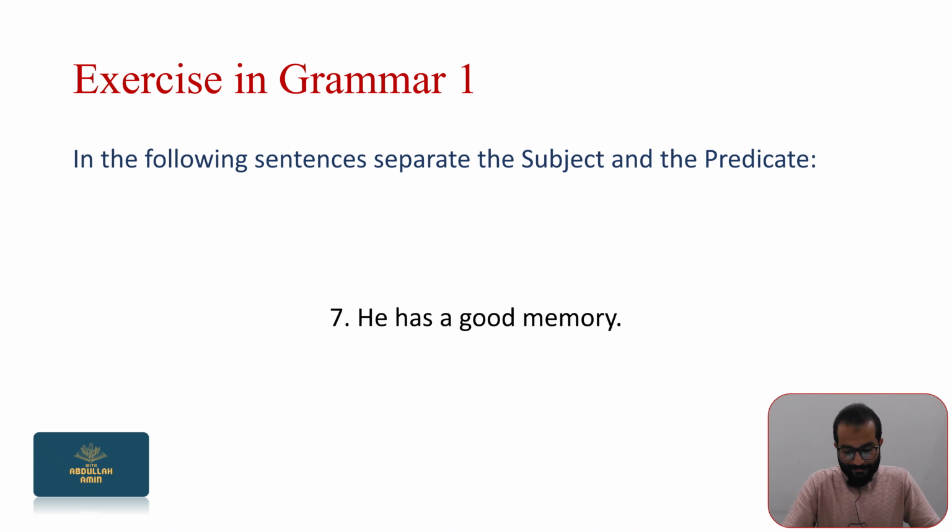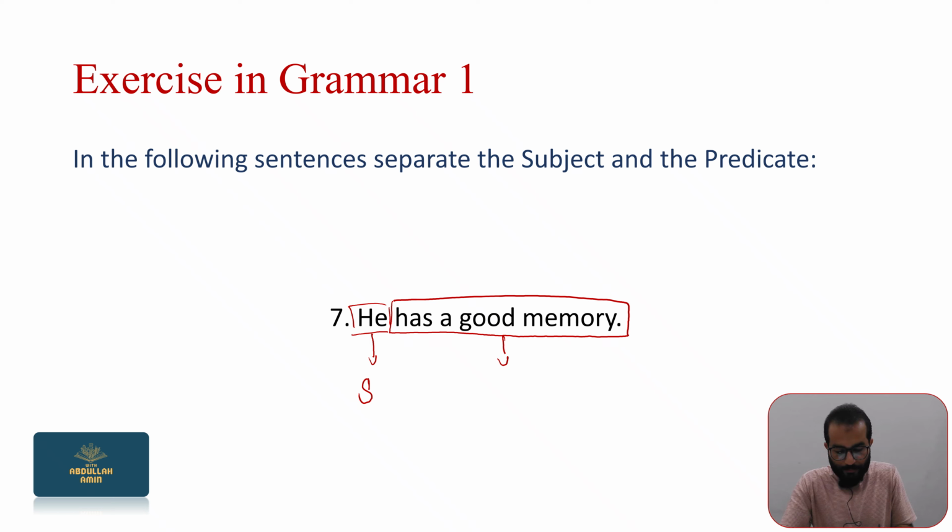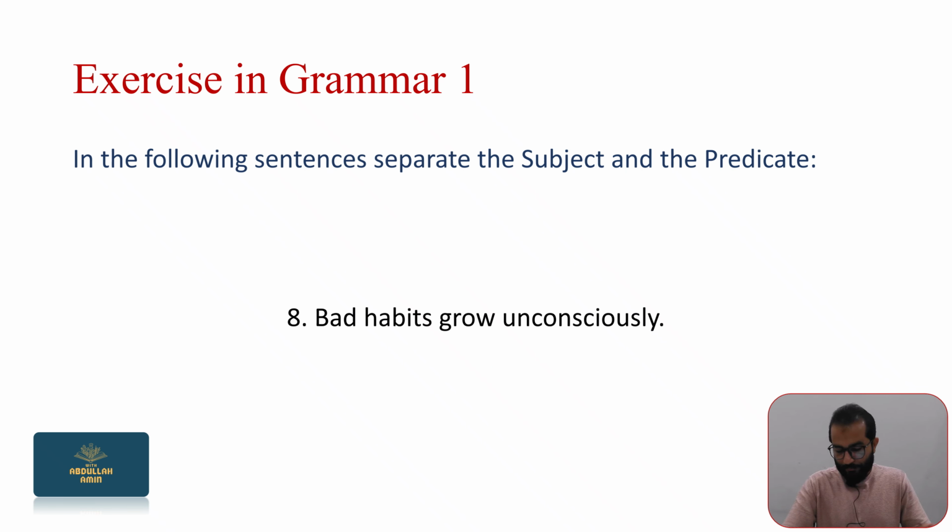Let's move to the seventh exercise, which goes like: he has a good memory. Over here, this first word, the pronoun he, is the subject, and has a good memory is the predicate. Let's move to the eighth example, which is: bad habits.